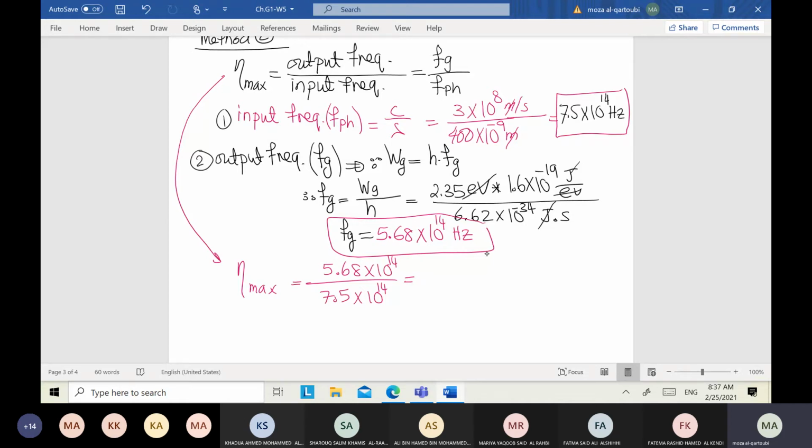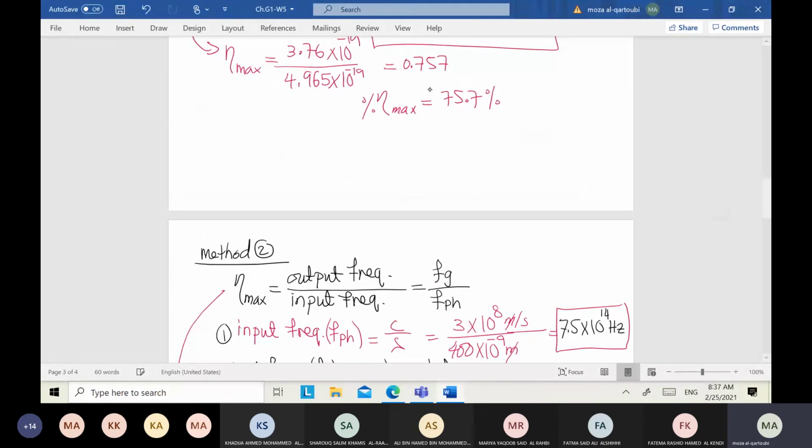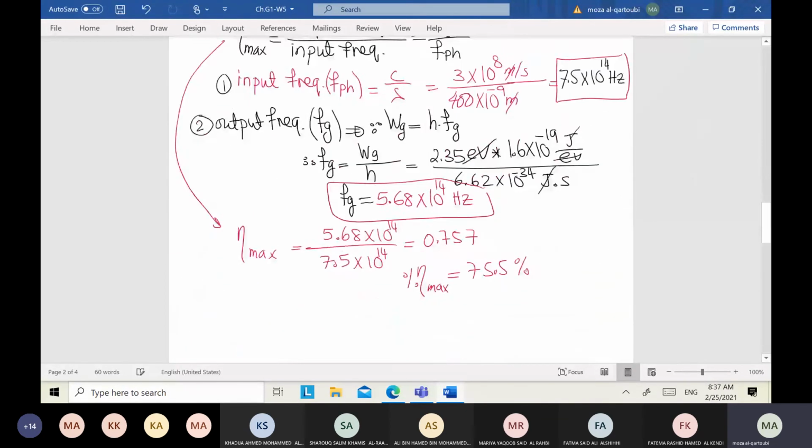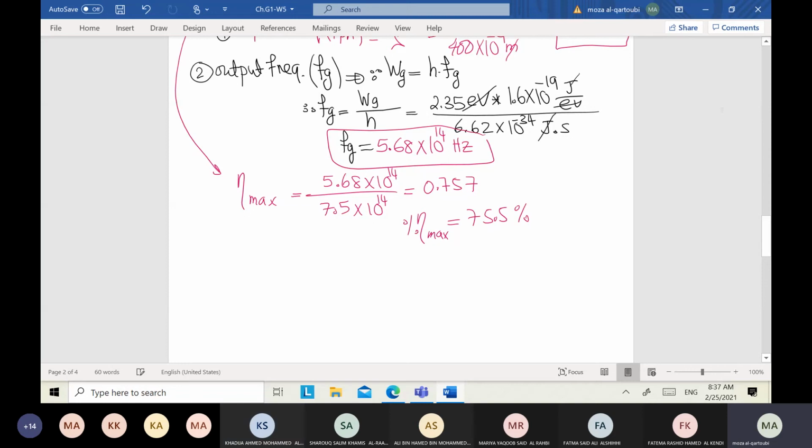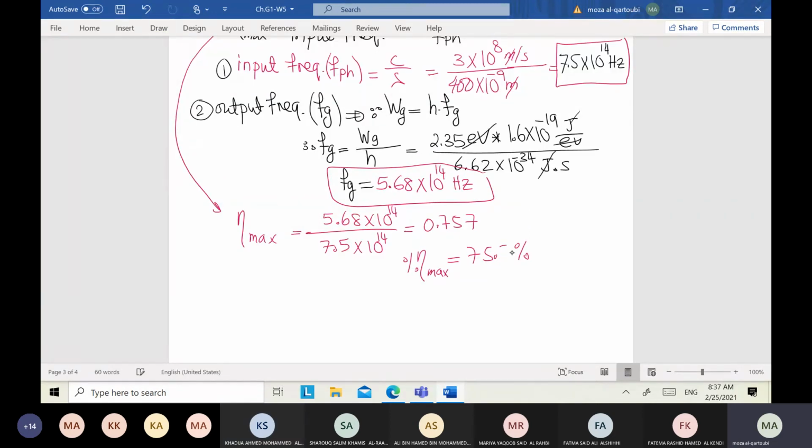So this answer here is 0.757, the same as before. So the maximum percentage will again be 75.7%. Before we found the ratio 0.757 and percentage 75.7. So this is the answer of question number 9.